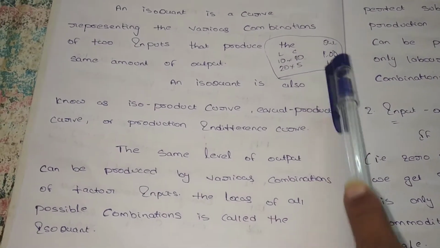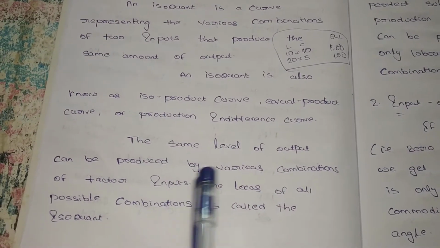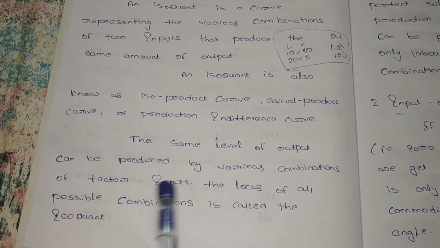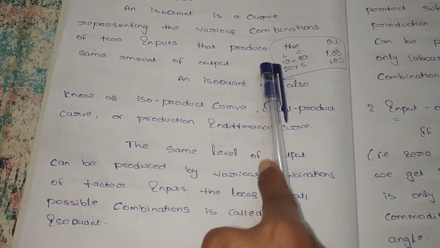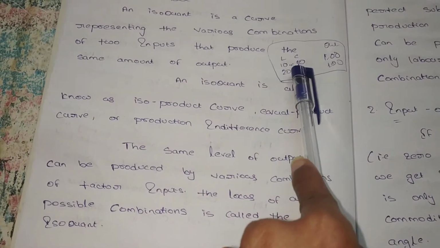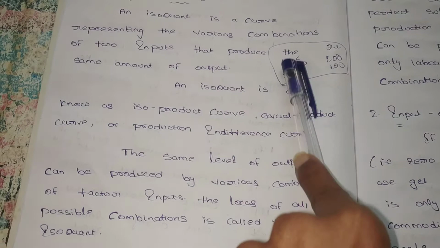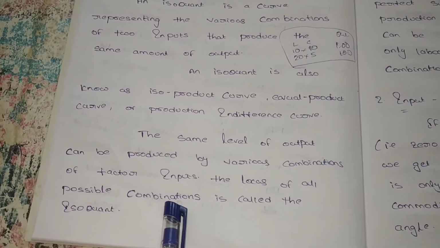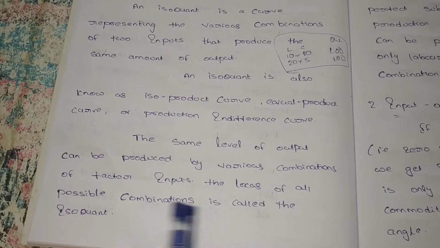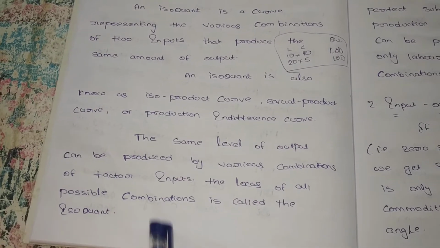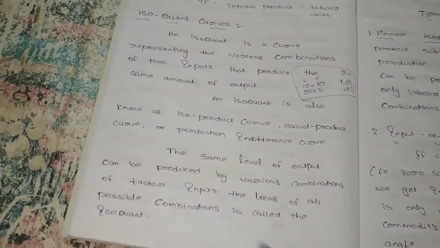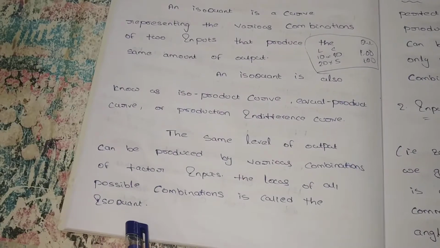The same level of output, 100, can be produced by various combinations of factor inputs, labor and capital. By changing labor and capital, there is a constant output. The locus of all possible combinations is called an isoquant. The locus means a locus of points, which is called an isoquant curve.